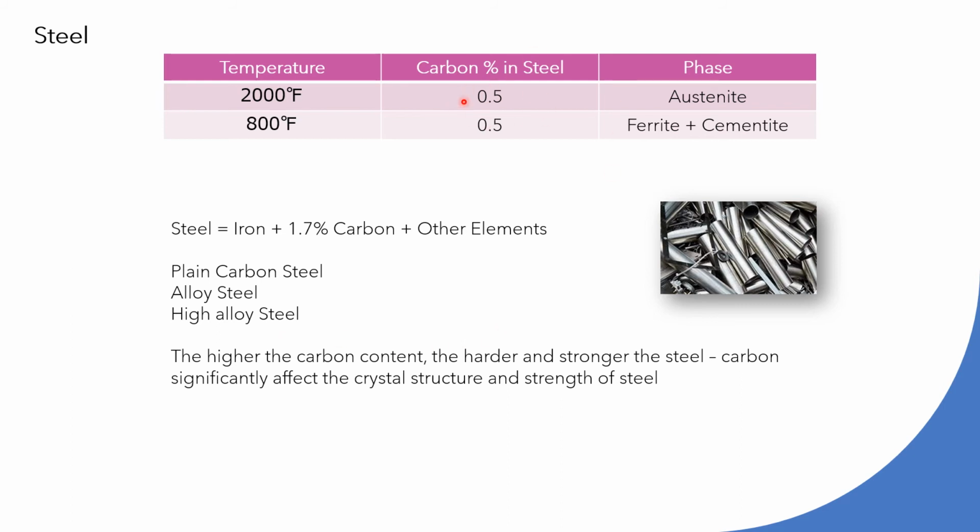This is just from the previous slide to compare. At 0.5% carbon, that is austenite at 2000 degrees Fahrenheit. Ferrite and cementite are at 800 degrees Fahrenheit.